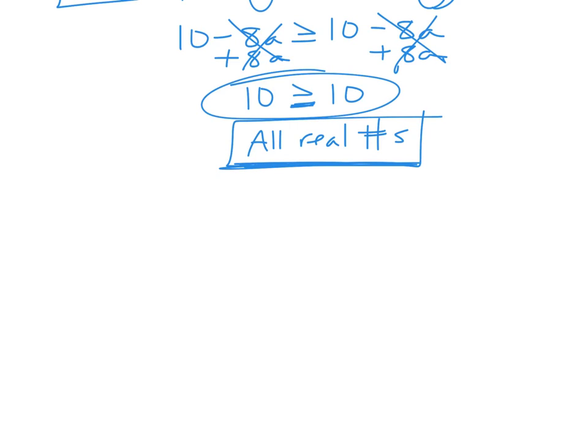Okay? Second example. Let's say you have 6m minus 5 is greater than 7m plus 7 minus m. Okay? What's the first thing we need to do in this problem?